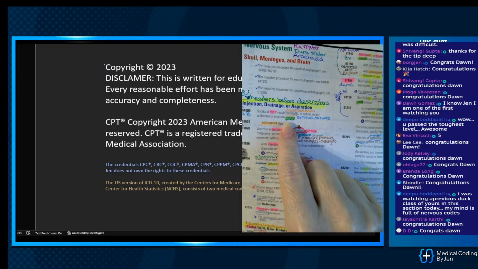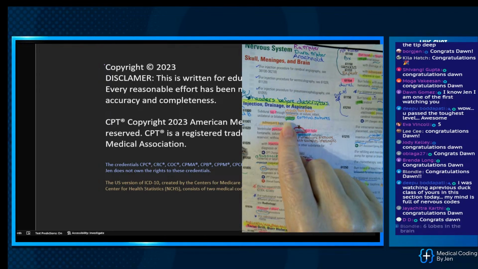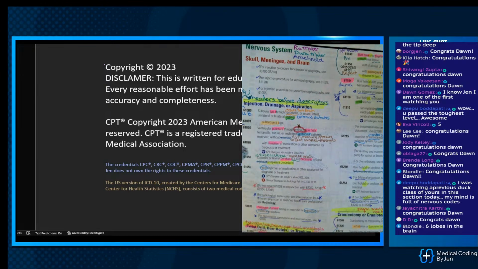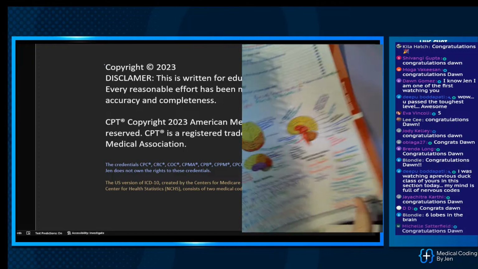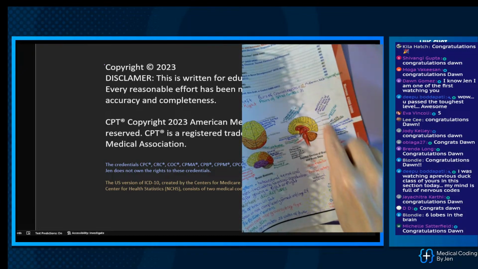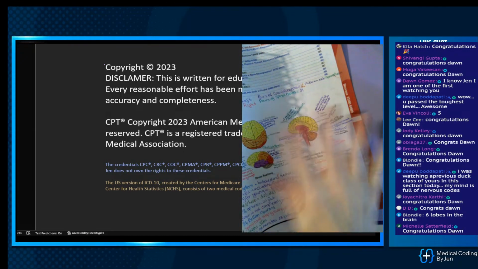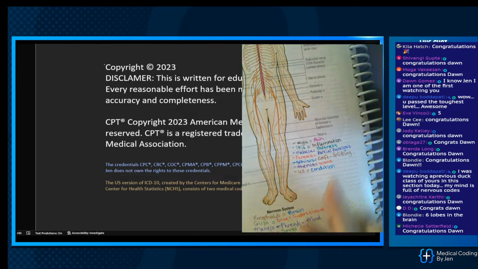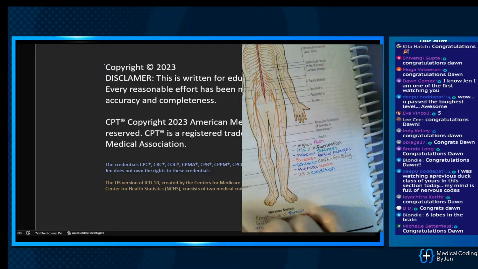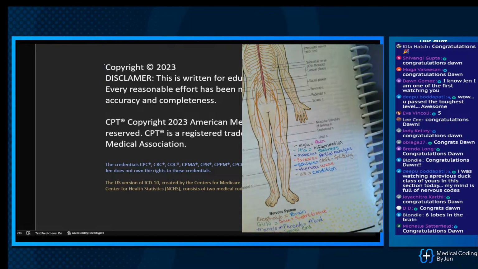AKA terms for the nervous system. Prefixes, suffixes, main root terms. I've been working on those too. And then the functions of anything that is listed right here. Anything that is listed, write the functions. And then I wrote some prefixes, suffixes, and main root words. Kind of helpful.